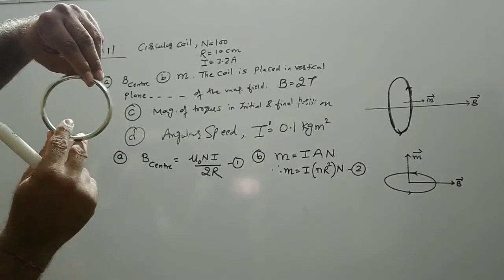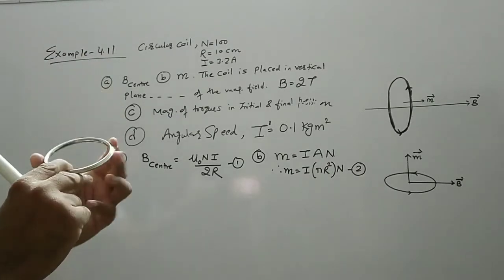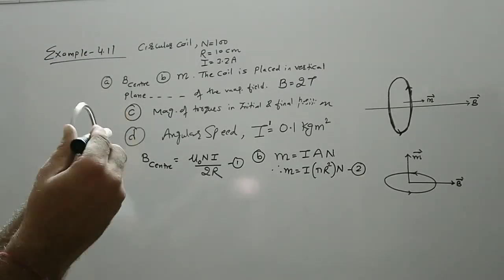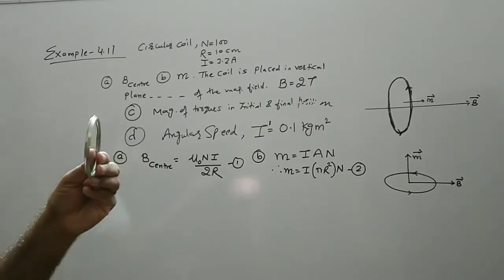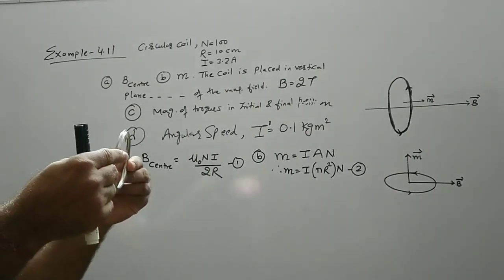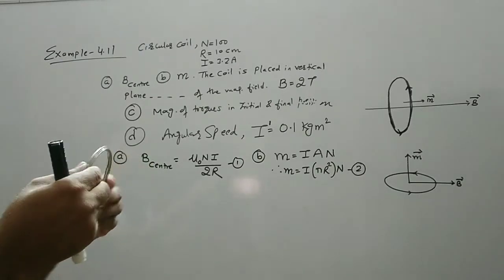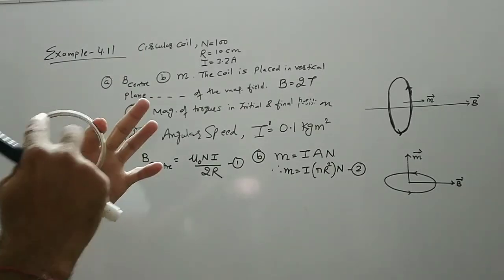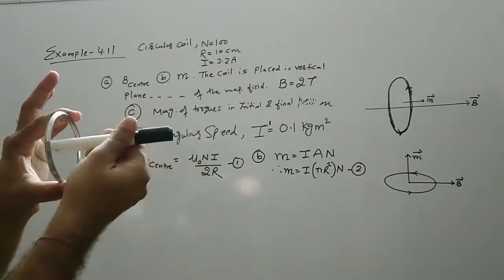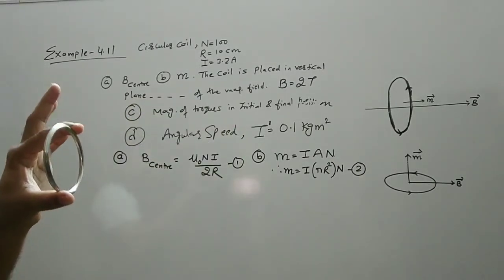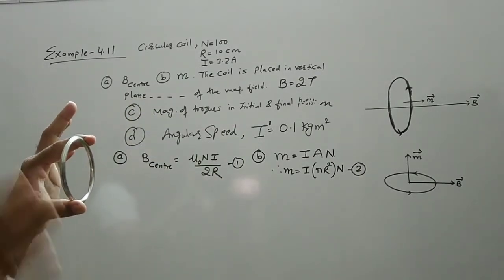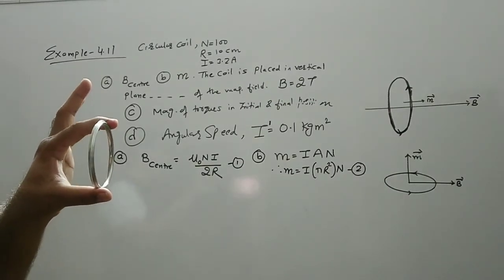So to understand the geometry on the board, we take this as an axis of rotation. So we assume that a coil rotates like this. When the coil rotates, because the current was flowing anti-clockwise, the magnetic moment and the B are in the same direction, that is the initial situation.